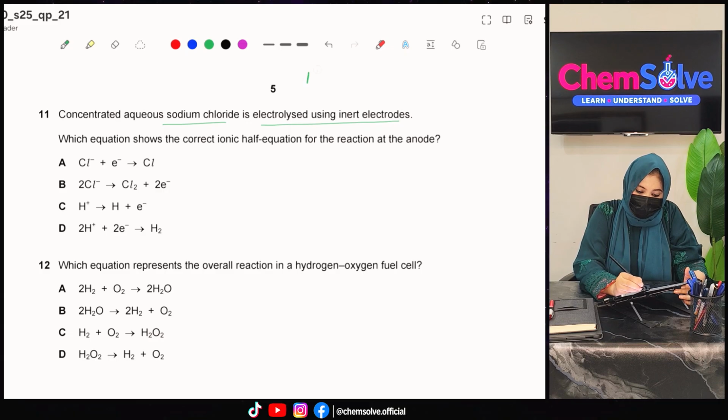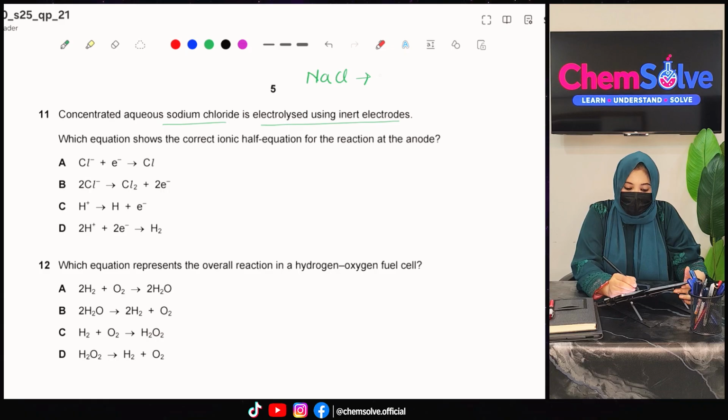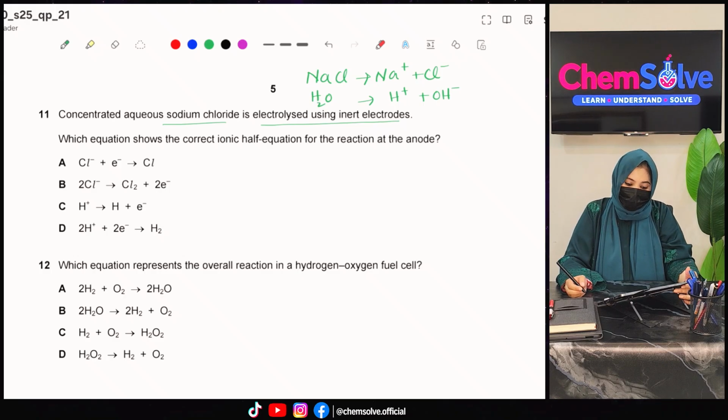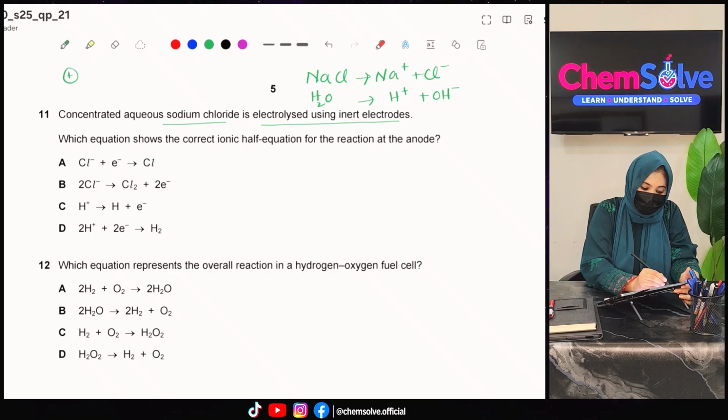Sodium chloride will ionize into Na positive 1 plus Cl minus 1, and water will ionize into H positive 1 and OH negative 1. Okay, so we have 2 positive ions, Na positive 1 and H positive 1, and we have 2 negative ions, Cl minus 1 and OH minus 1.